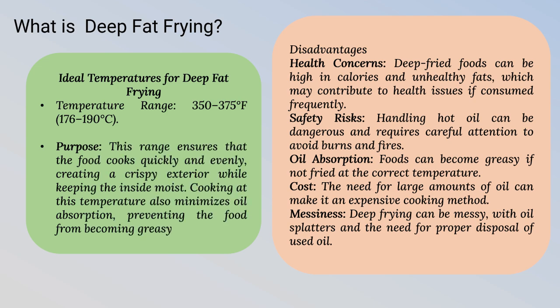This range ensures that the food cooks quickly and evenly, creating a crispy exterior while keeping the inside moist. From outside it will be evenly cooked, evenly browned, evenly crispy. At the same time from inside it will be evenly cooked and remain moist, and will not become dry.